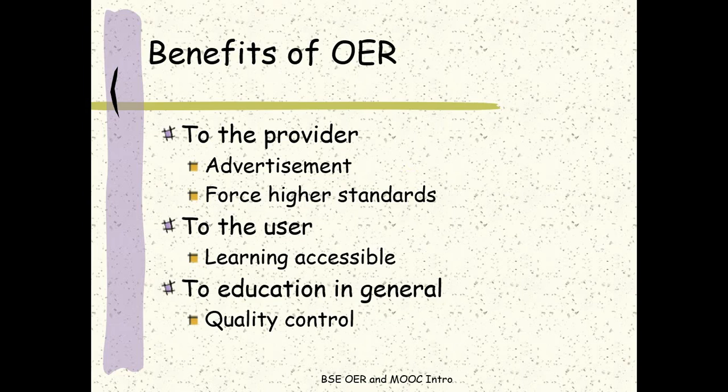The other thing it does is it forces everyone to have higher standards. So if the Open University is doing a Python course, we know that you will be looking at the MIT course also. And if you come and ask us why we don't do things that the MIT course does, we have to give you good answers. There may be good answers. Maybe they will say that is only for people who are doing theoretical work.